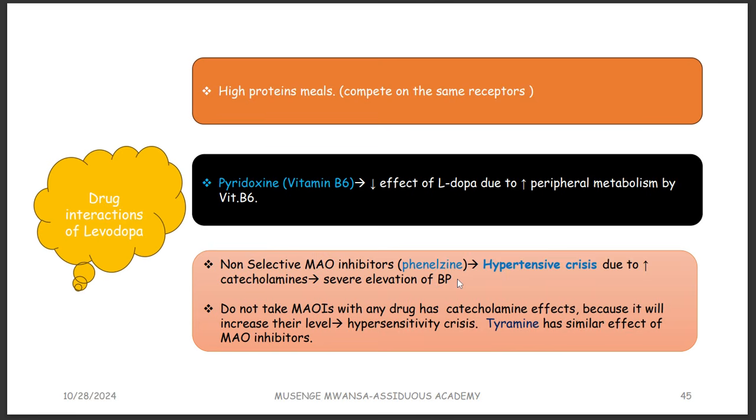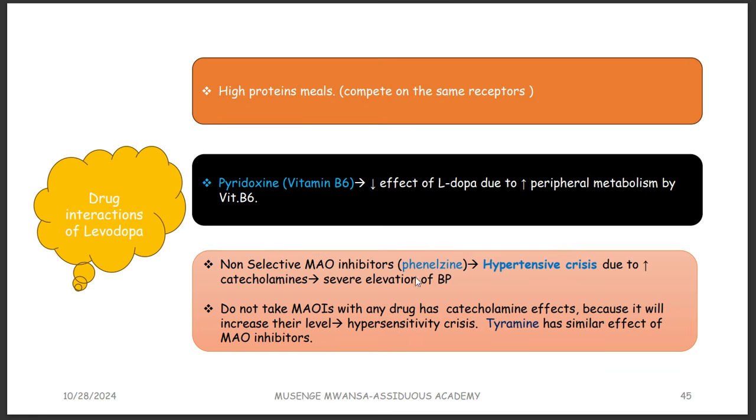We'll talk about these when we talk about the antidepressants in tomorrow's class. So when you give levodopa with phenelzine, phenelzine is an example of hydrazines, because when you're classifying the non-selective MAO inhibitors as antidepressants, you can classify them as hydrazines and non-hydrazines.